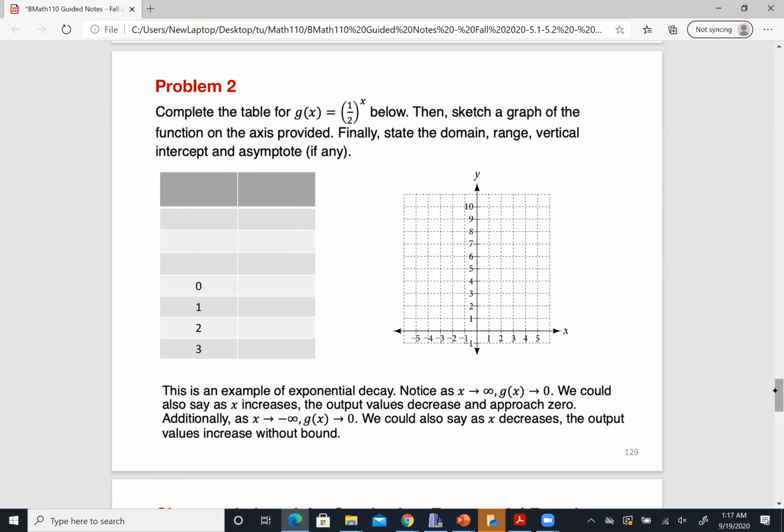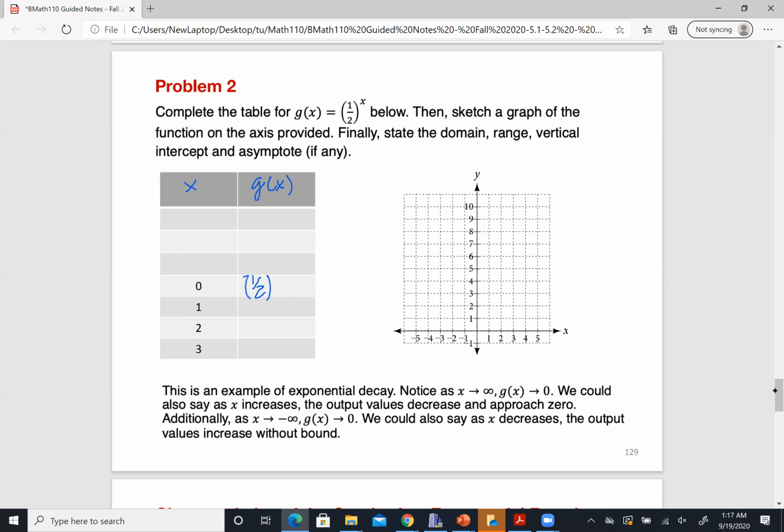Okay, so another problem. Now we're gonna complete the table for g(x) equals (1/2)^x, and then sketch the graph of the function on the axes. So let's see what happened. I have x and g(x).